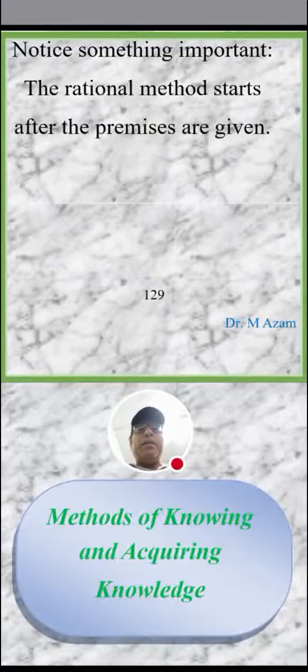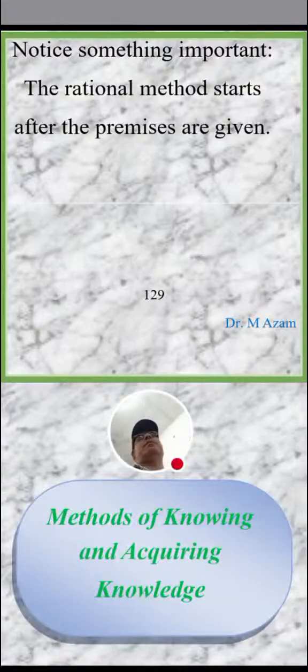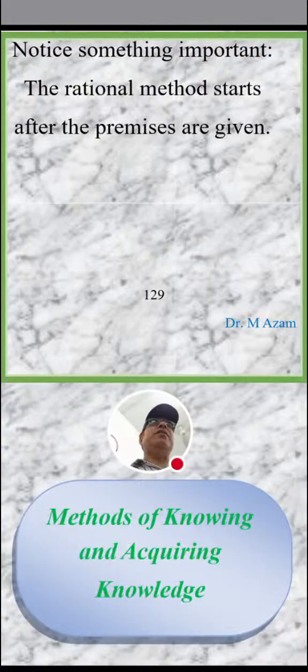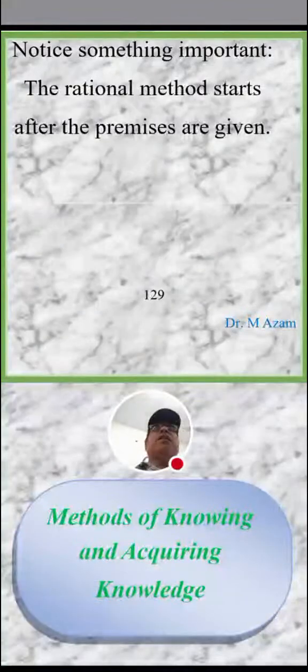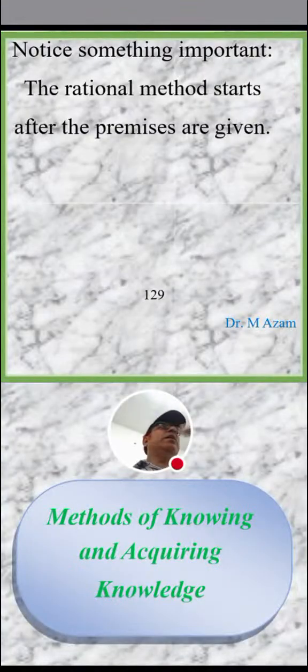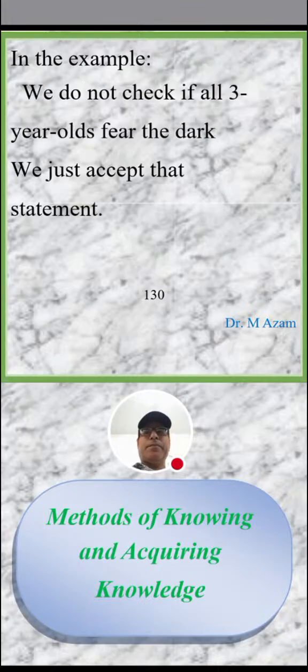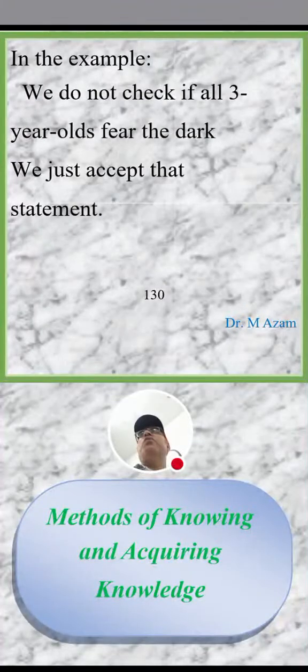Notice something important. The rational method starts after the premises are given. When we have premises, then we think what can be the conclusion. Then the rational method starts. In the example, we do not check if all 3-year-olds fear the dark.